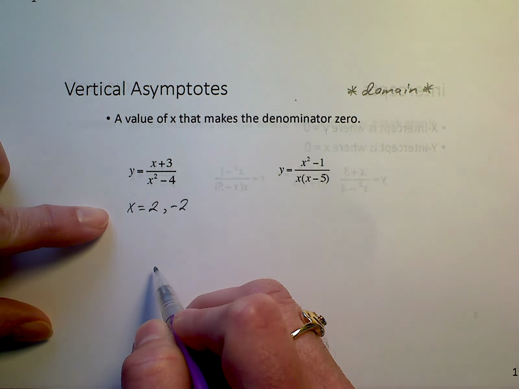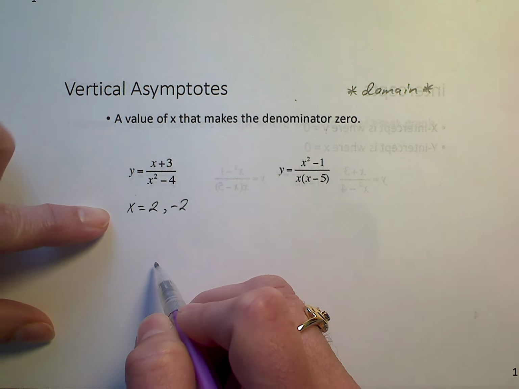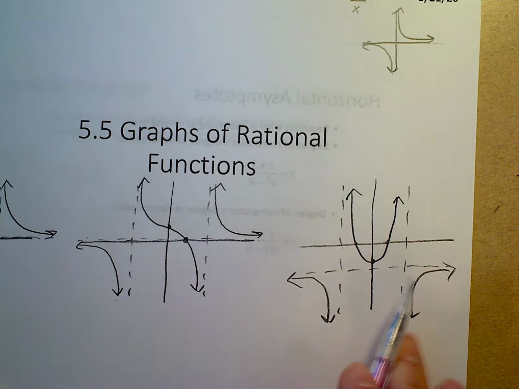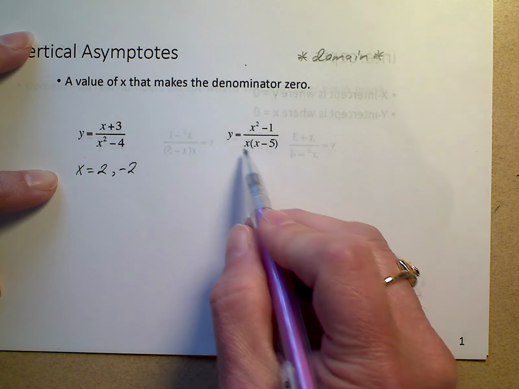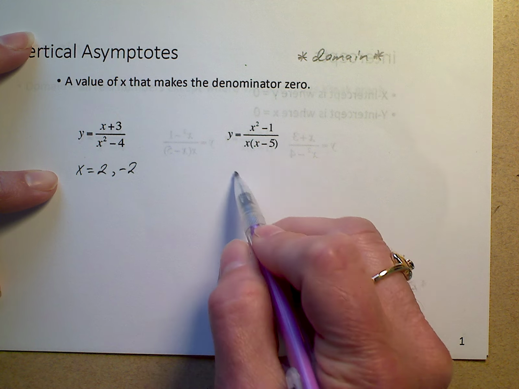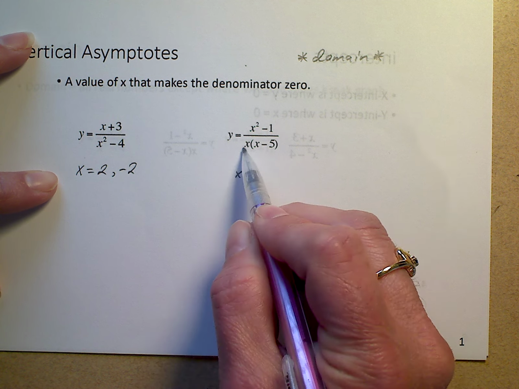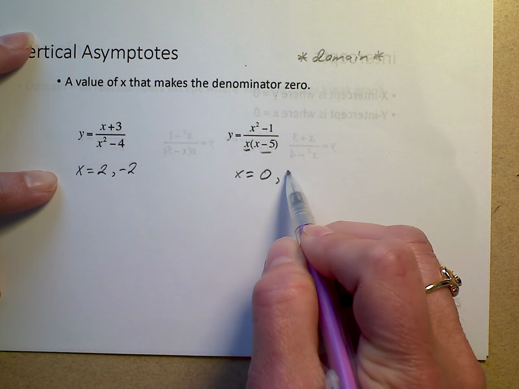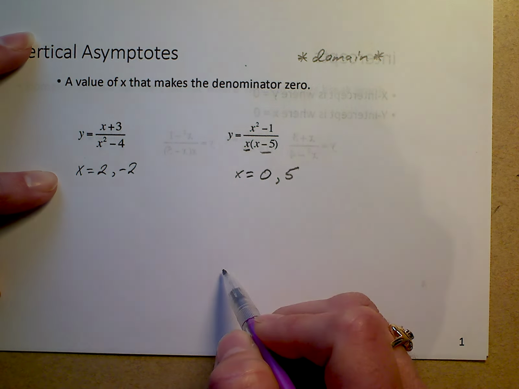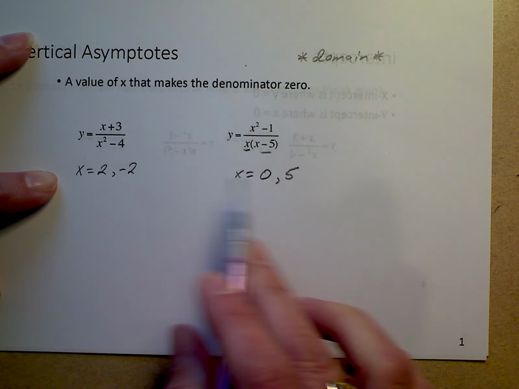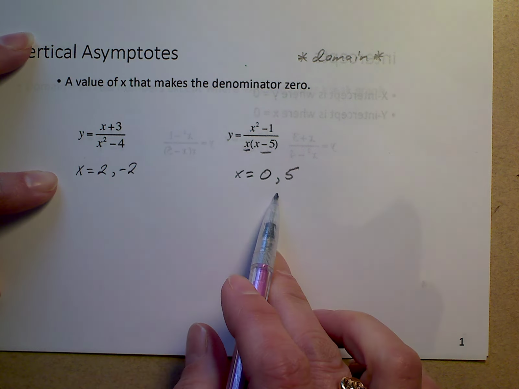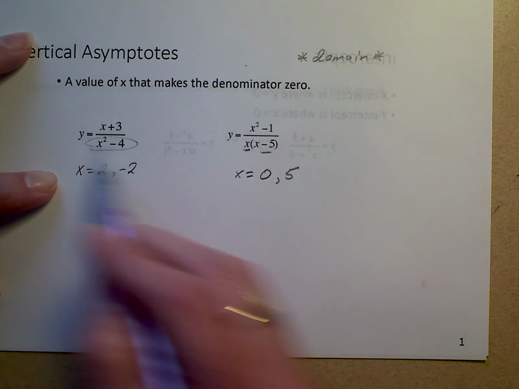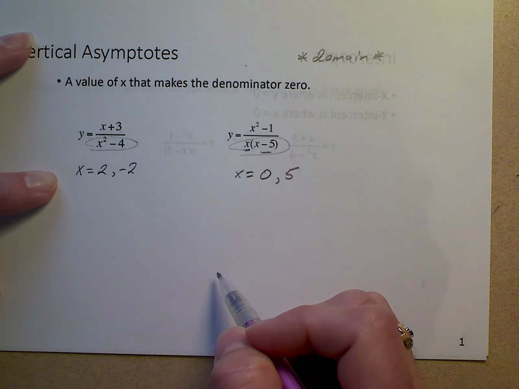These two are the vertical asymptotes. So this graph will look like one of these guys. Okay? This one, what values would make the denominator 0? It would be 0 for this one, or 5 for this factor. Okay? So these both have two vertical asymptotes. It's where the denominators equal 0.